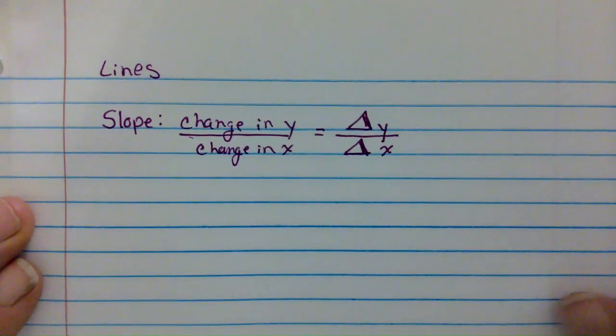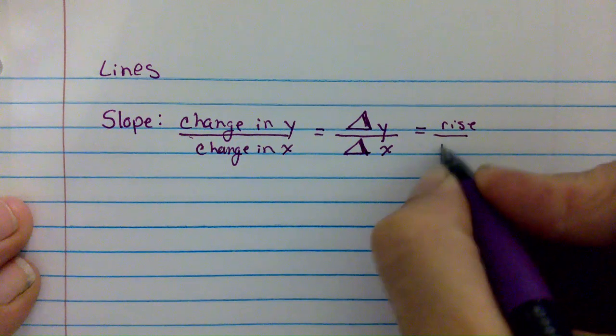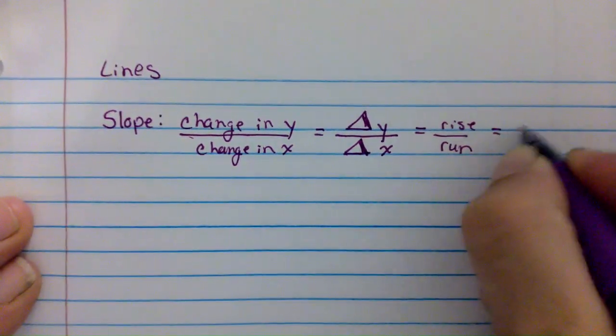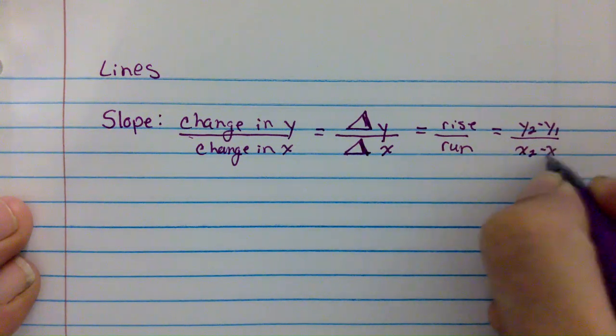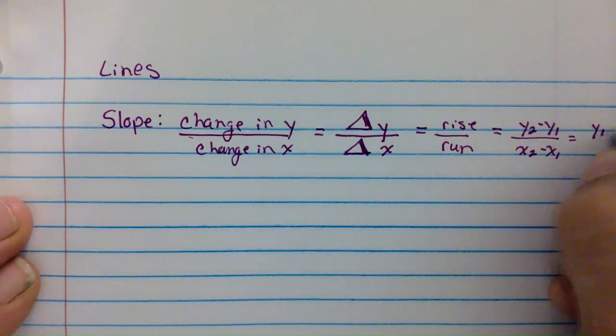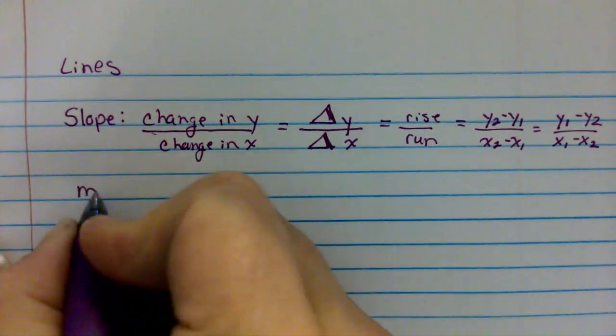We might see the delta for change in. We might have also read it as rise over run. Or y2 minus y1 over x2 minus x1, or even y1 minus y2 over x1 minus x2. And usually slope, we abbreviate it with the letter m.